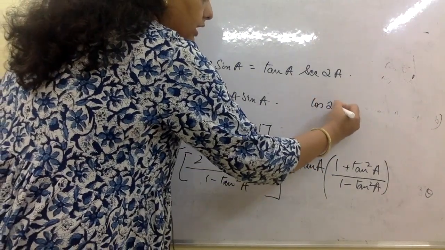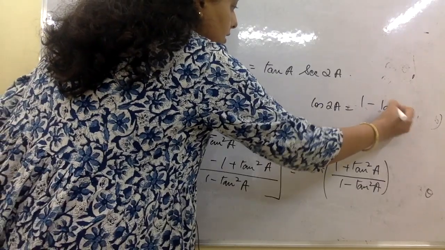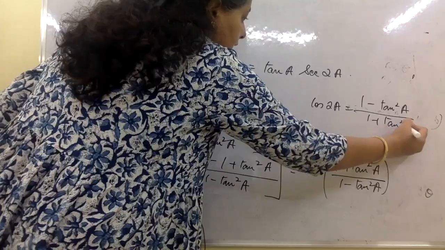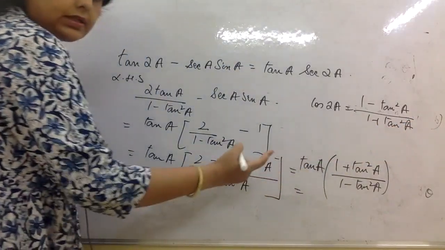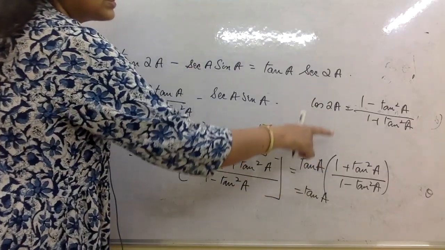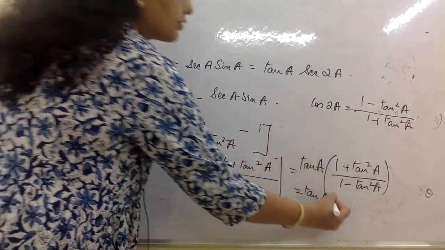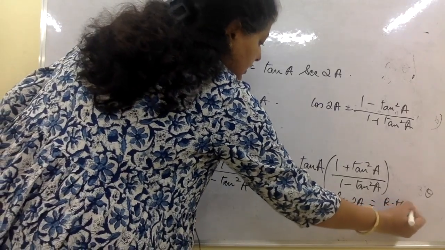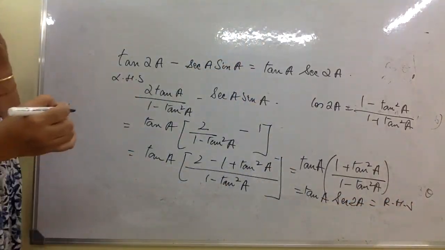Cos 2A is 1 minus tan square A by 1 plus tan square A. Okay, here tan A, and then because it is the reciprocal of this, so sec 2A, which is equal to RHS. So we have proved it.